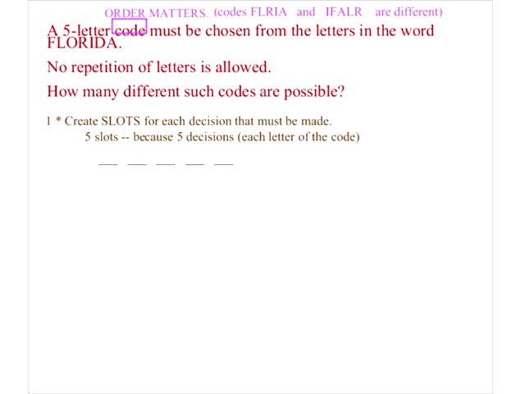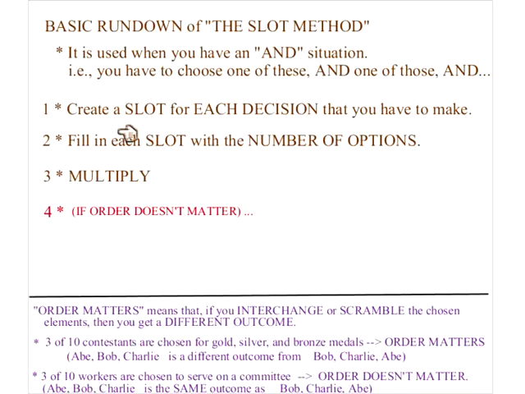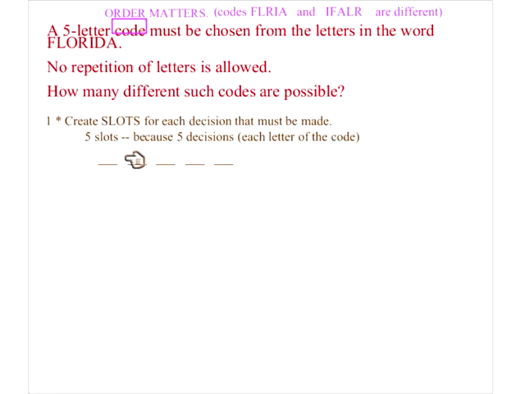All right. Now what you do, as written here, is you fill in each slot with a number of options. What numbers go in these slots? How many options are available for each of these? Go ahead and type in the text box. Okay, a lot of you are just giving me the number for the first slot, but here are your slots, and your numbers of options are 7, 6, 5, 4, 3.